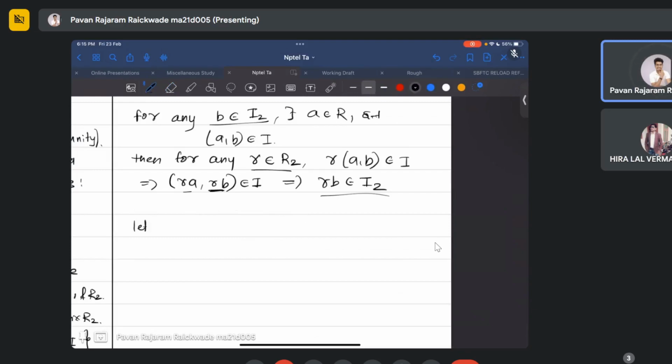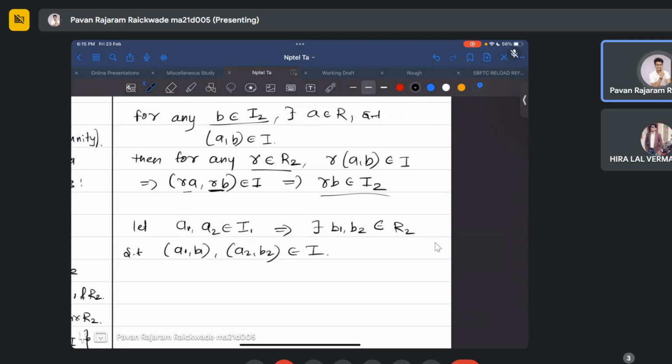So let a1, a2 be elements in I1. Which implies there exist elements b1, b2 in R2 such that (a1, b1), (a2, b2) belong to I, right?